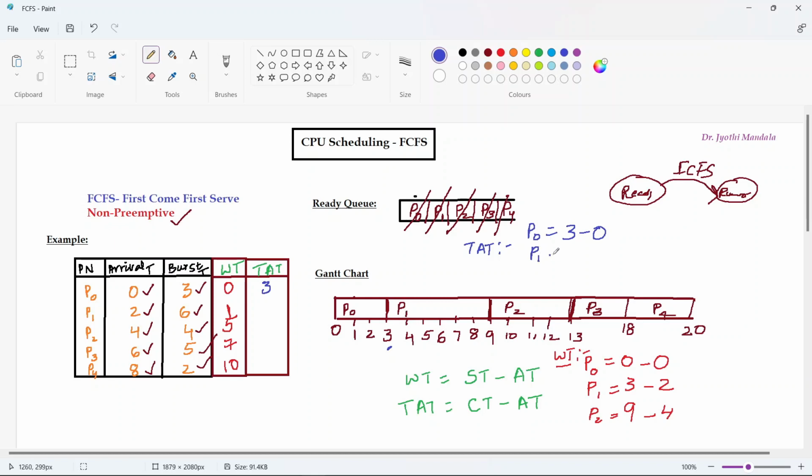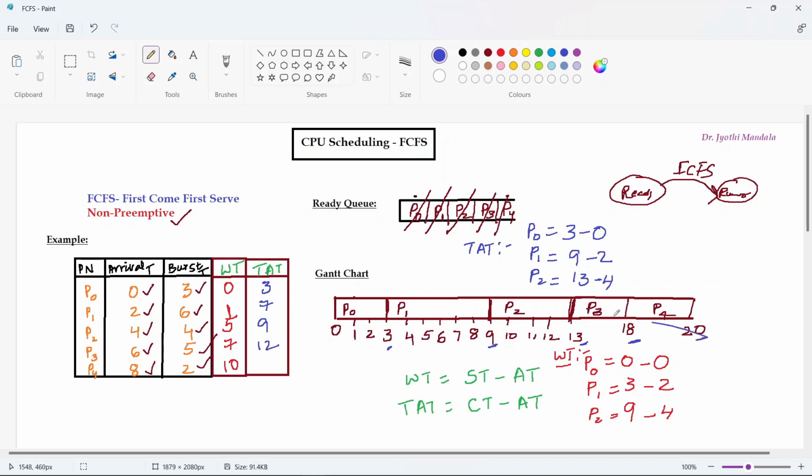Now what is it for P1? The completion time for P1 is 9 seconds. So 9 minus the arrival time 2 is 7. Now for P2, 13 is the completion time minus arrival time 4, which is nothing but 9. In a similar fashion for P3, 18 minus 6, which is equal to 12.